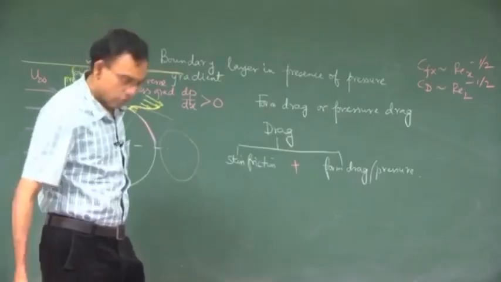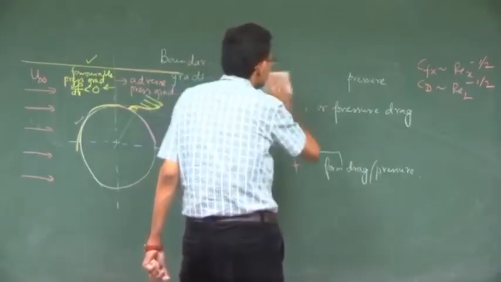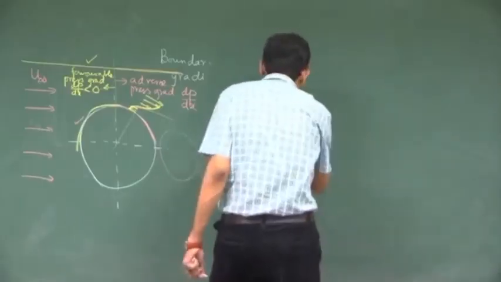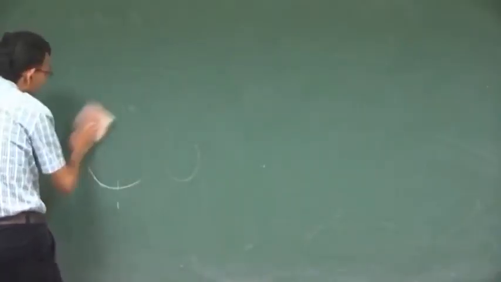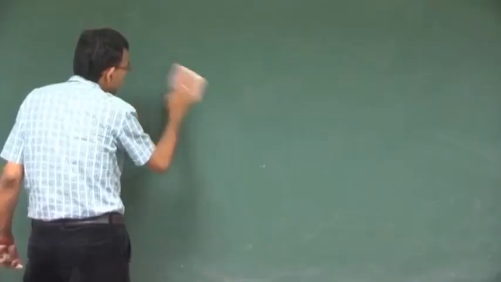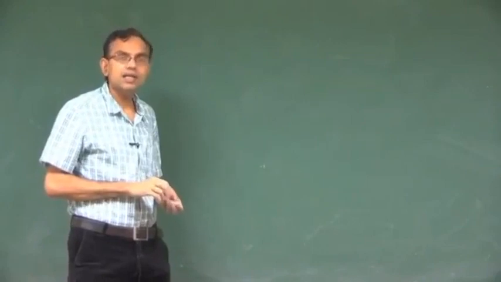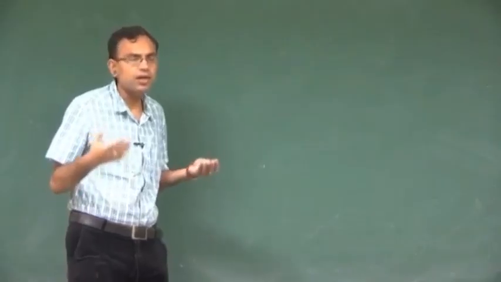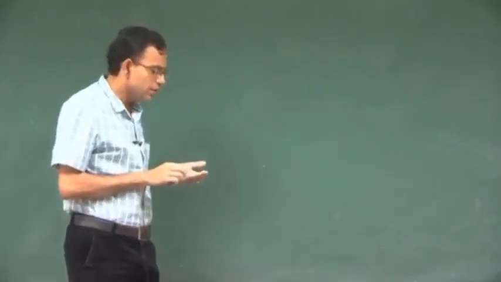Now, what we will try to do is draw the velocity profiles, the velocity gradient profiles and the second derivative of velocity for the cases of dp dx less than 0 and dp dx greater than 0, assuming that for dp dx less than 0 anyway there will be no boundary layer separation. For dp dx greater than 0 we will assume that it is still such that boundary layer separation has not occurred.